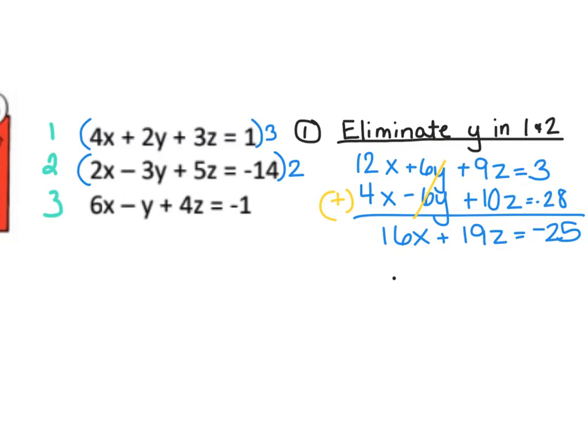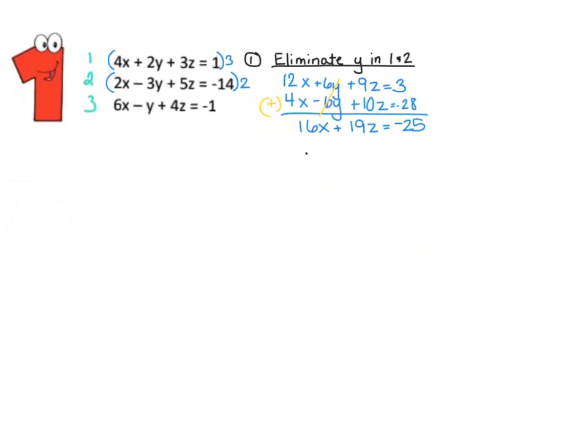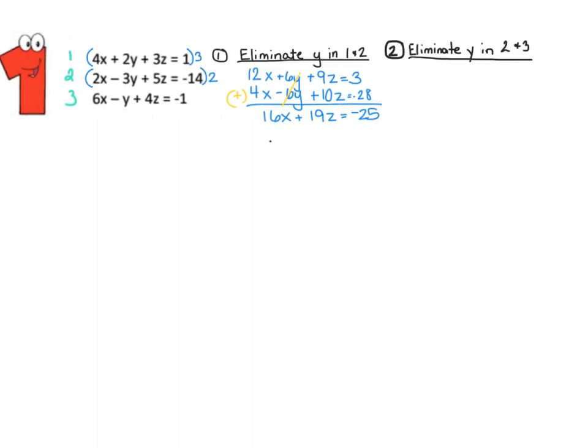Now what I'm going to do is choose to eliminate the same letter in 2 other equations. So I'm going to pick 2 and 3 to eliminate y. So to do that, I can multiply the bottom one by, let's see, I would need it to be positive 3, so I'm going to multiply the bottom equation by negative 3. But I'll just recopy the original in number 2.